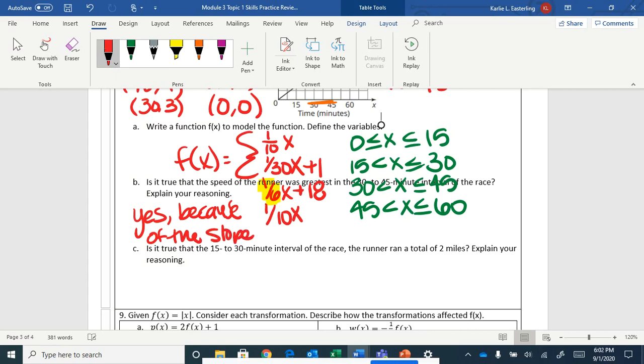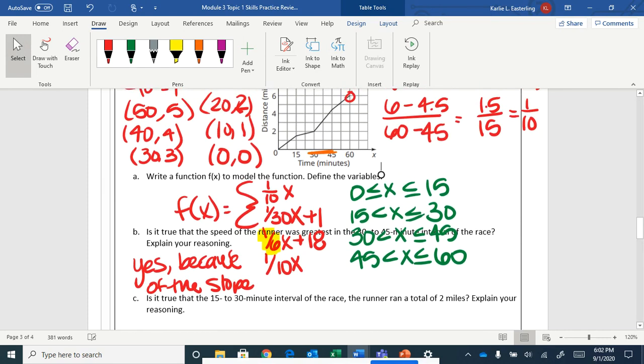Oh, I was going to do that in orange. You know what it is though. So then our next question, is it true that in the 15 to 30 minute interval, so let's scroll up and look at that. In the 15 to 30 minute interval of the race, the runner ran a total of 2 miles.